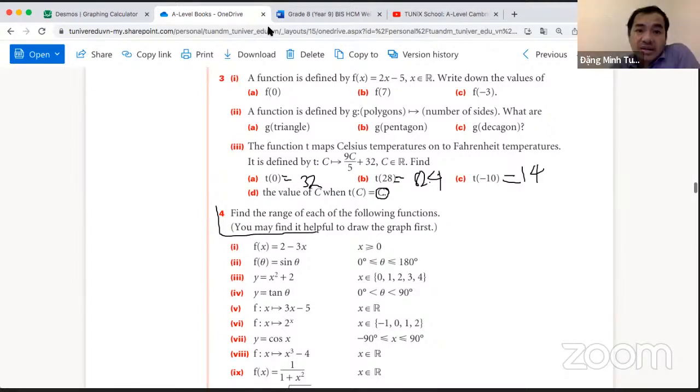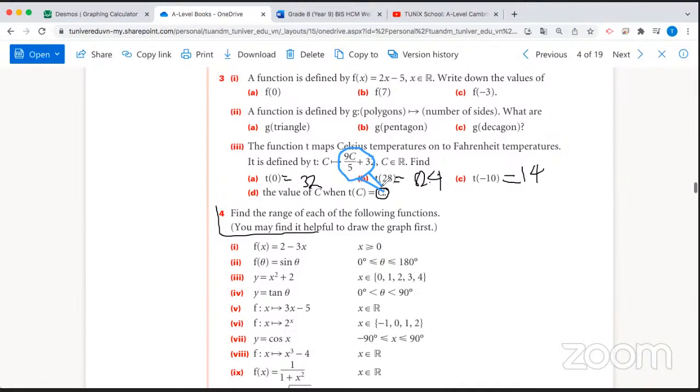You have the expression T(C) equals 9C over 5 plus 32. You can put that equal to C and find out C. Oh, so you just replace it? Yeah, so that's a self equation. Okay, thanks. I didn't know.